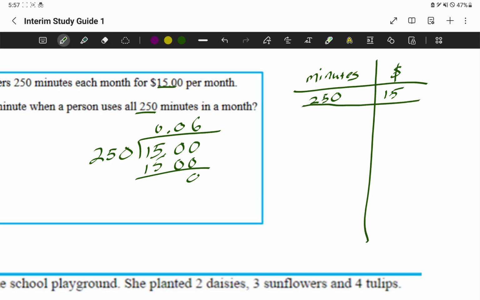So let's start with divide by 10. Divide by 10, we get 25 minutes, and we get 1.5.